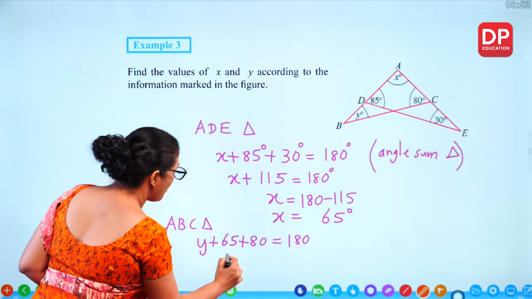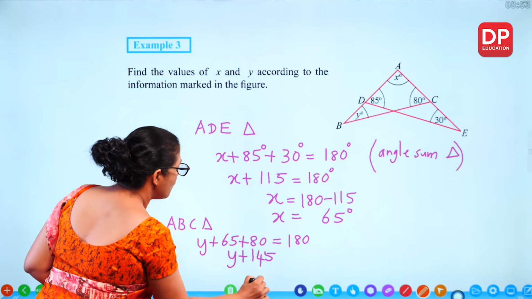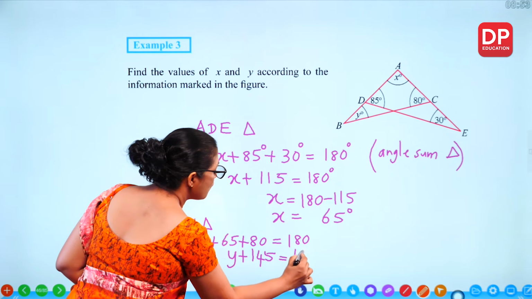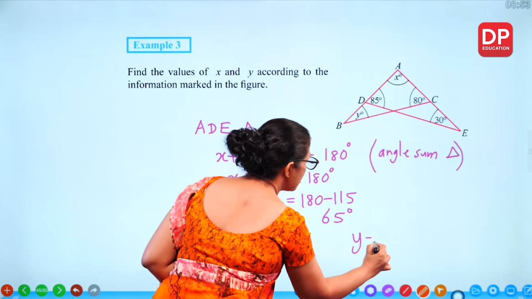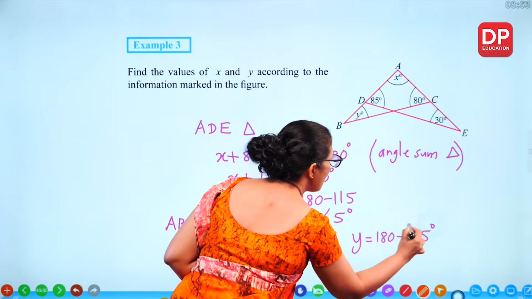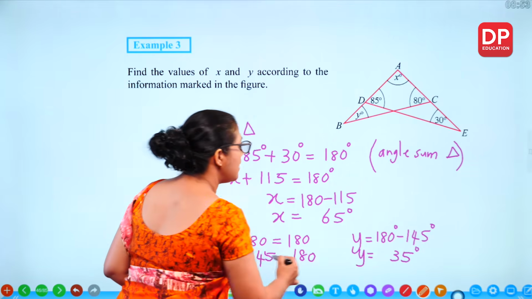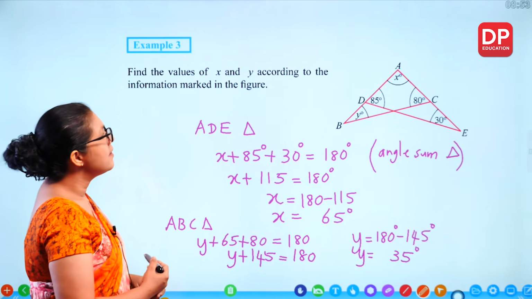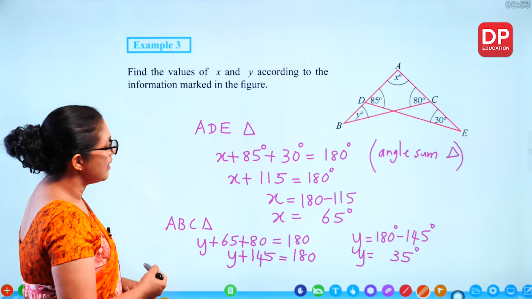And these two, you get 145. So what's y value? Y is 180 minus 145. So you get y as 35 degrees. So x is 65 and y is 35.